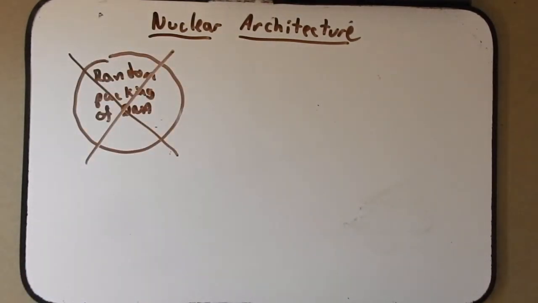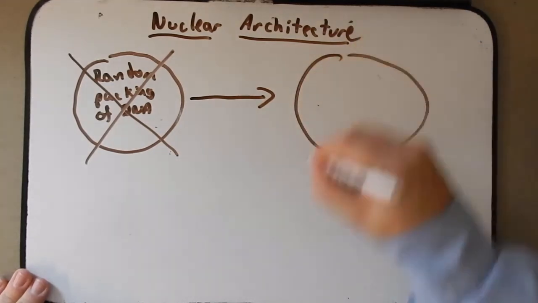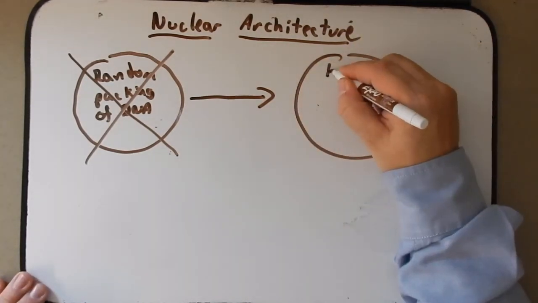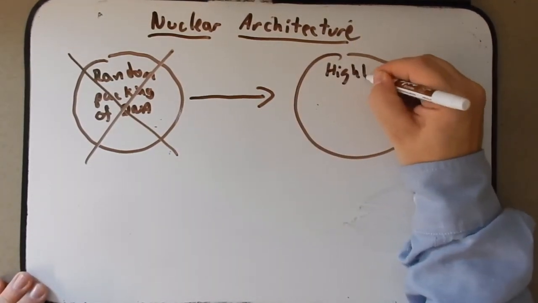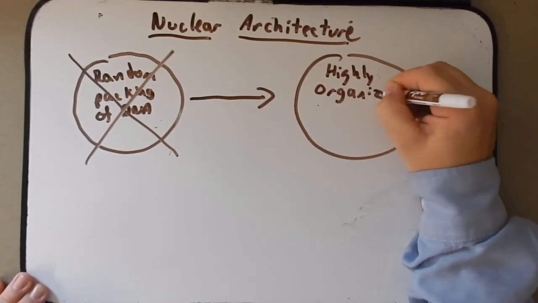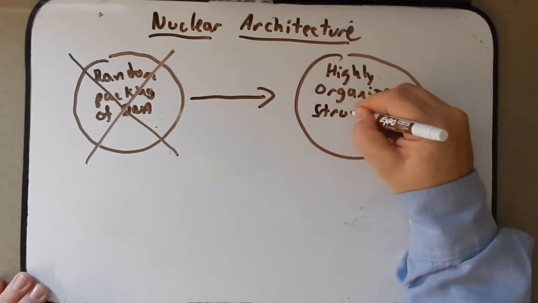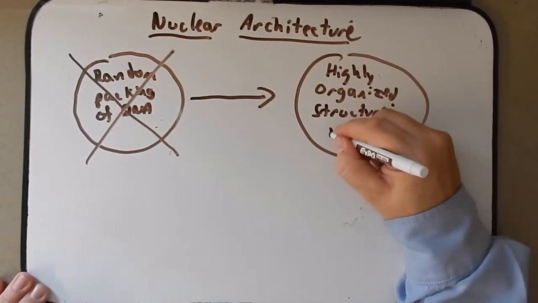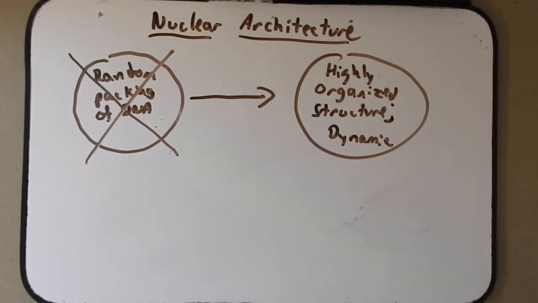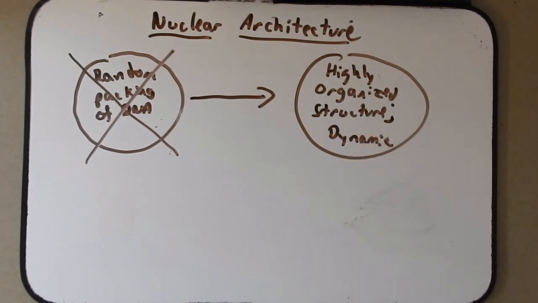But rather, what we now accept is that the structure inside the nucleus is highly organized. But it is also dynamic, meaning it will change states throughout the course of a cell's life. This highly organized structure here is the nuclear architecture.